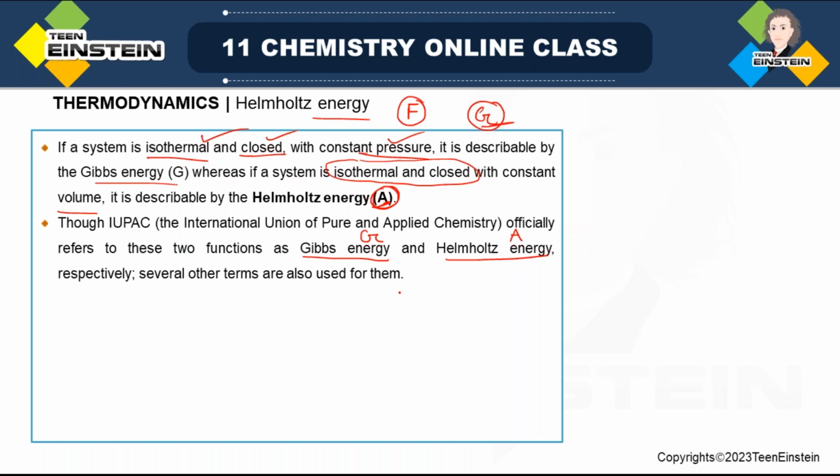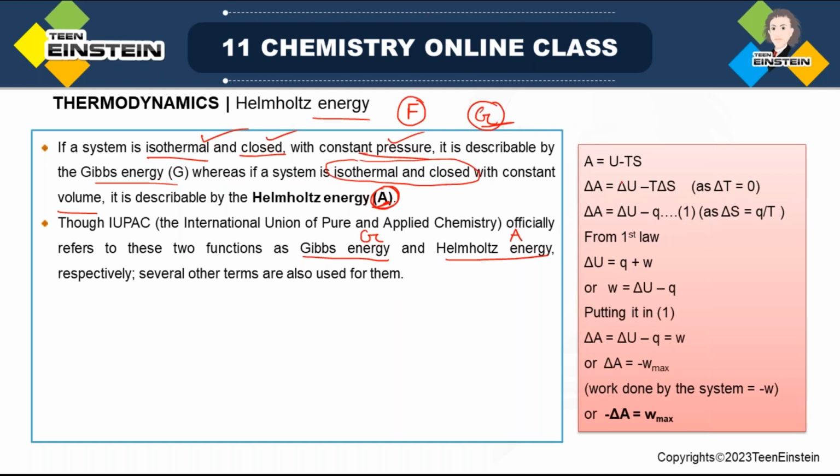But you can also see that in different textbooks, different terms are used for the same state functions, Gibbs free energy and Helmholtz energy. The important point is that you apply Gibbs energy when the conditions are isothermal, closed and constant pressure. But if it is constant volume, keeping other conditions the same, it will be Helmholtz energy, not Gibbs energy.